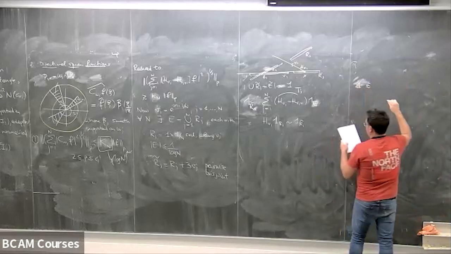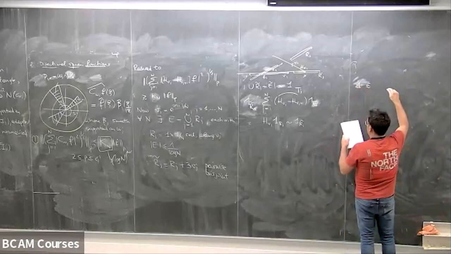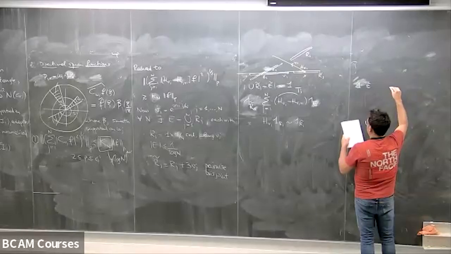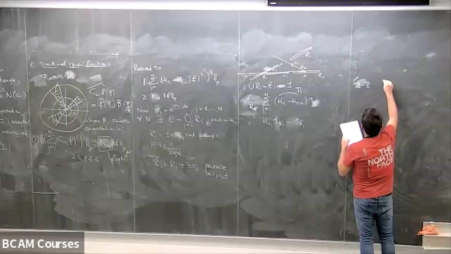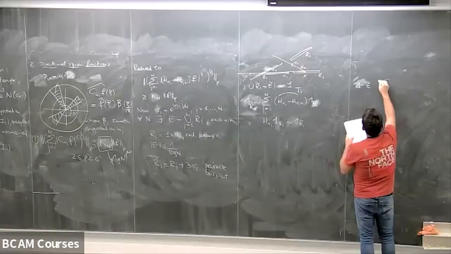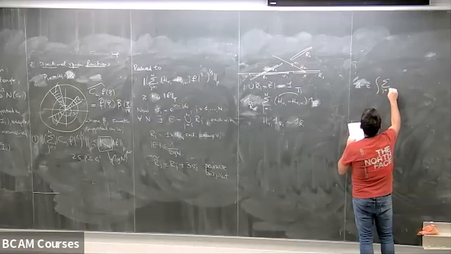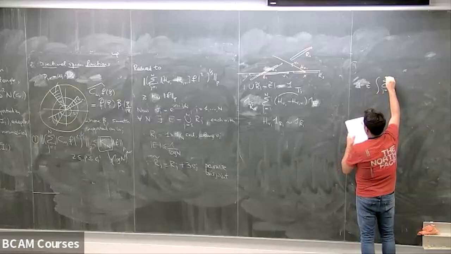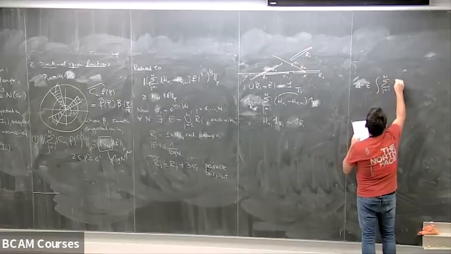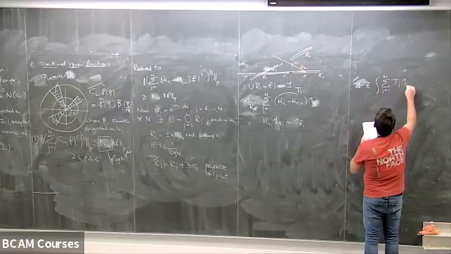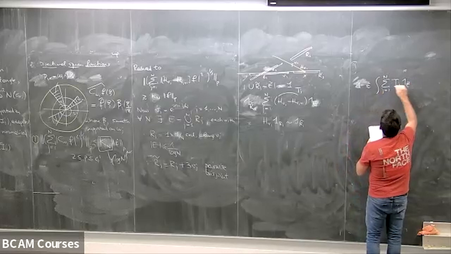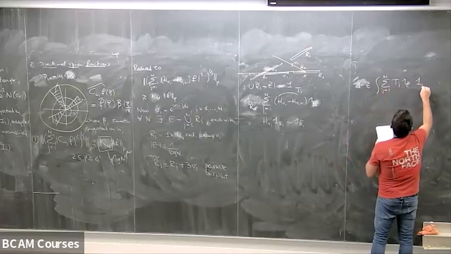What we did correctly was to reduce to this by passing to the adjoint. It became the sum from j equals 1 to n of pj, 1 e tilde, and then 1 rj.